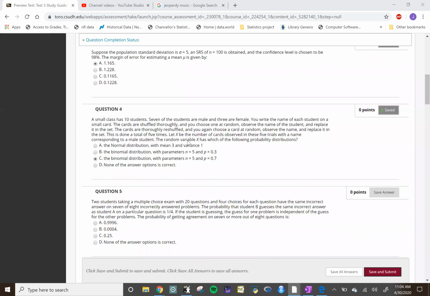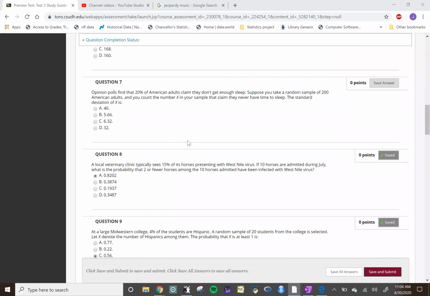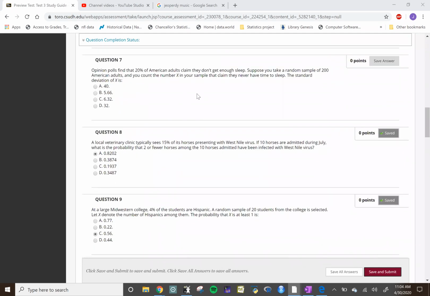Okay, so let's do number 7. It says an opinion poll finds that 20% of American adults claim that they don't get enough sleep. Suppose you take a random sample of 200 American adults and count the number X in the sample that claim they never have time to sleep. The standard deviation of X is?